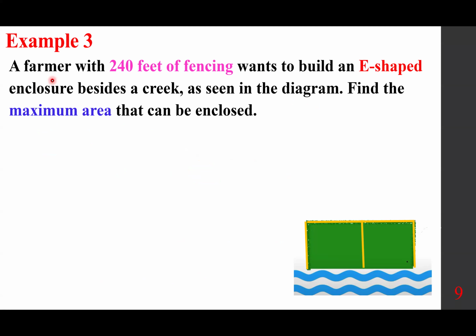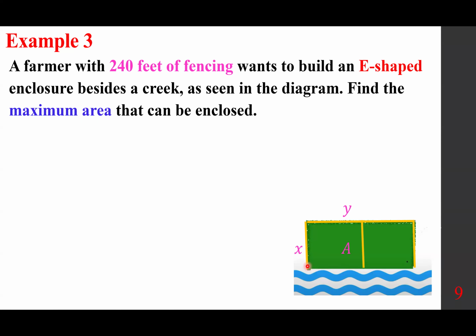A farmer with 240 feet of fencing wants to build an E-shaped enclosure beside a creek, as seen in the diagram. Find the maximum area that can be enclosed. First step is to define our variables.